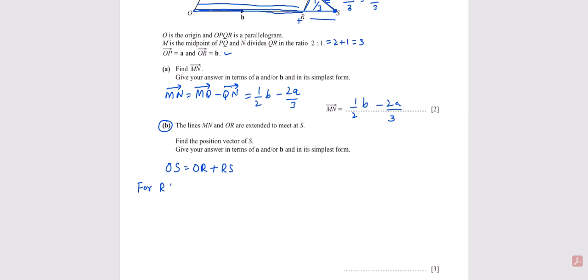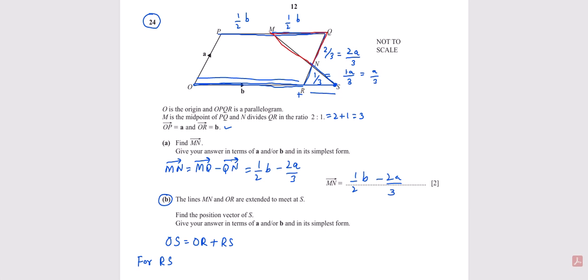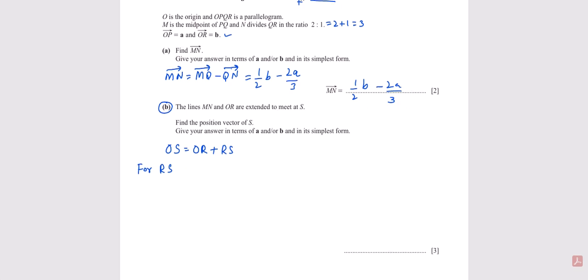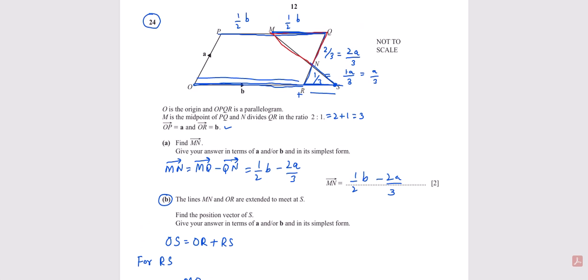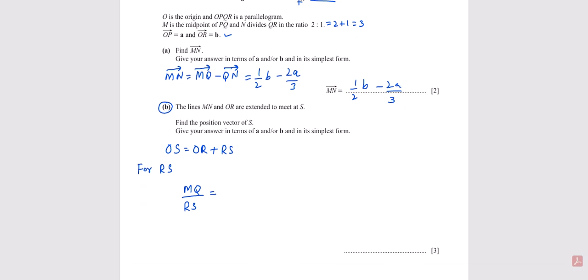For RS we use the ratio formula. MQ divided by RS is equal to QN divided by NR.